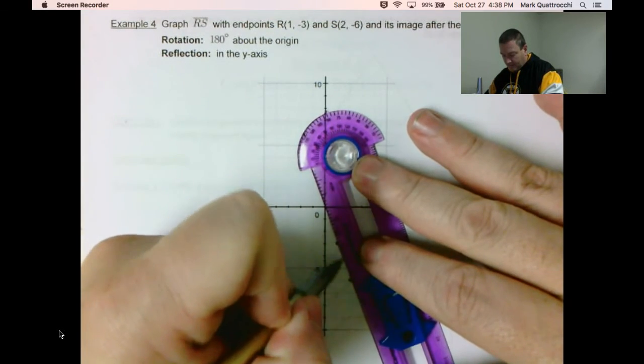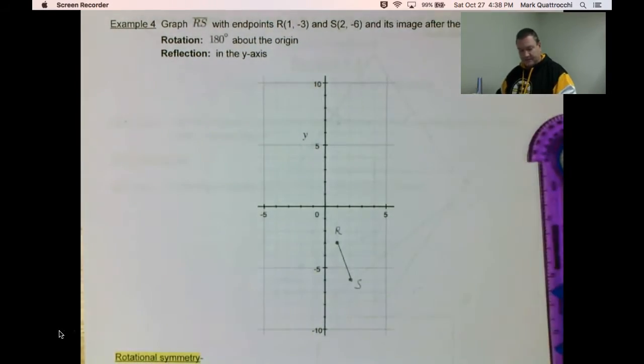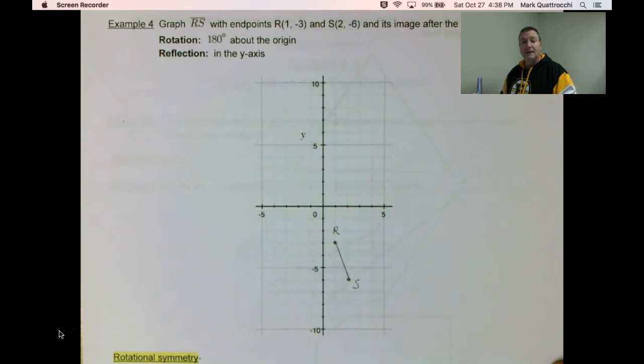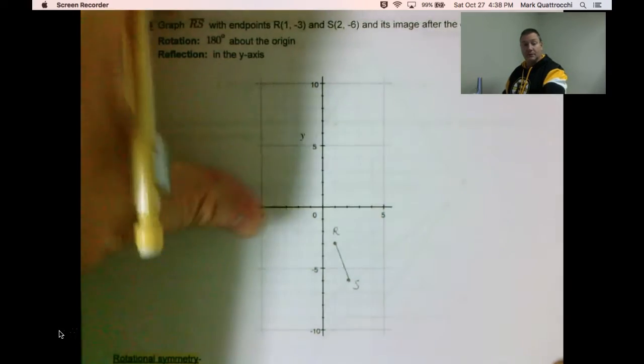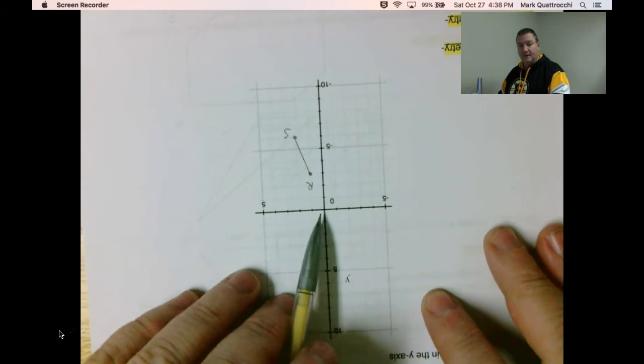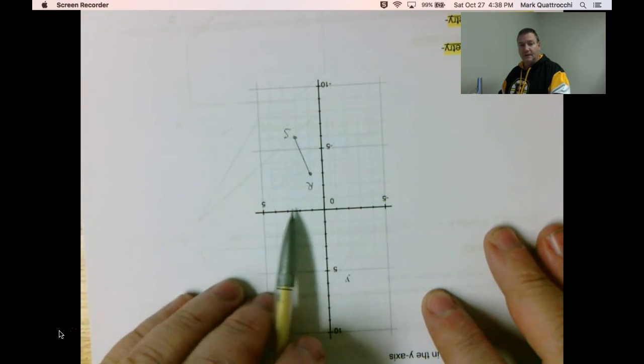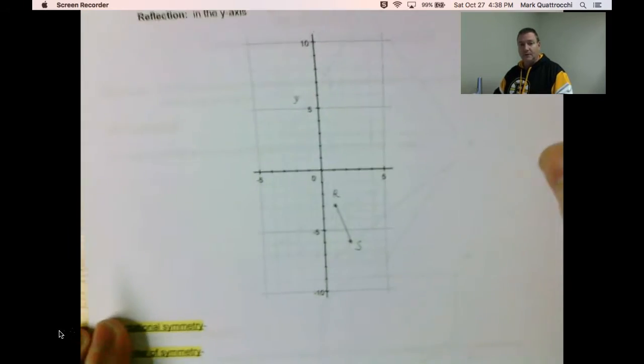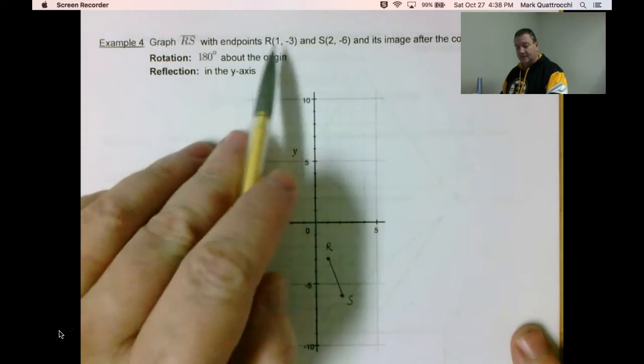Segment RS. Okay. If we do a 180-degree rotation, we can do the turning of the paper and read the new coordinates: (-1, 3), (-2, 6). Or we can use the rule, which is to negate the coordinates.